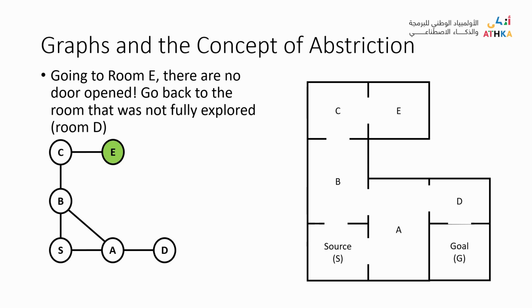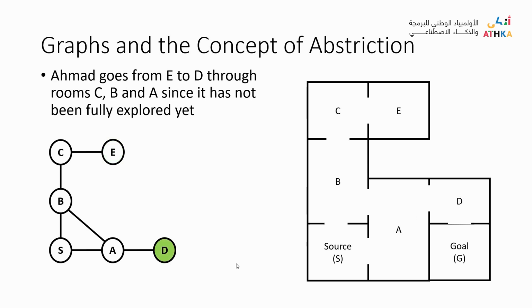When we reach a dead end, we retrace our steps back and go to a room that was not fully explored. As you can see over here, we explored S, A, B, C and E, but we did not explore D, so we will go back to C, B, A, and then go to D, and we will explore D now, okay?